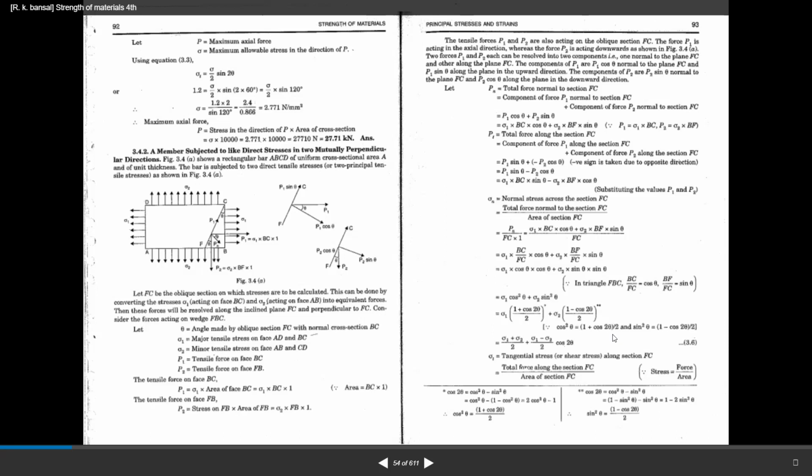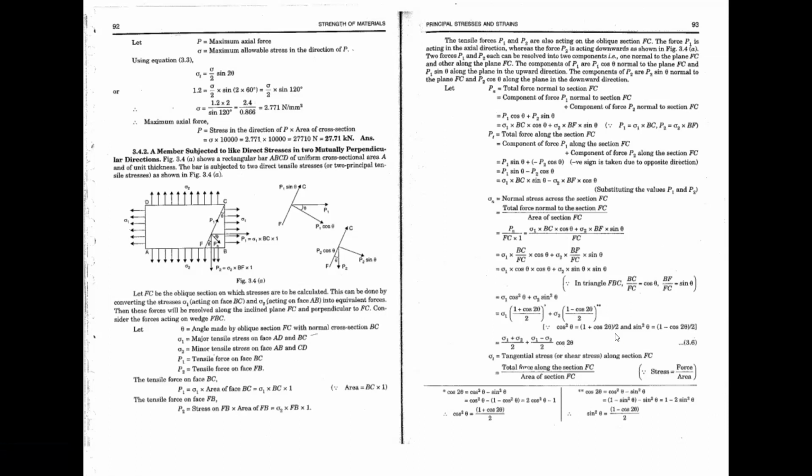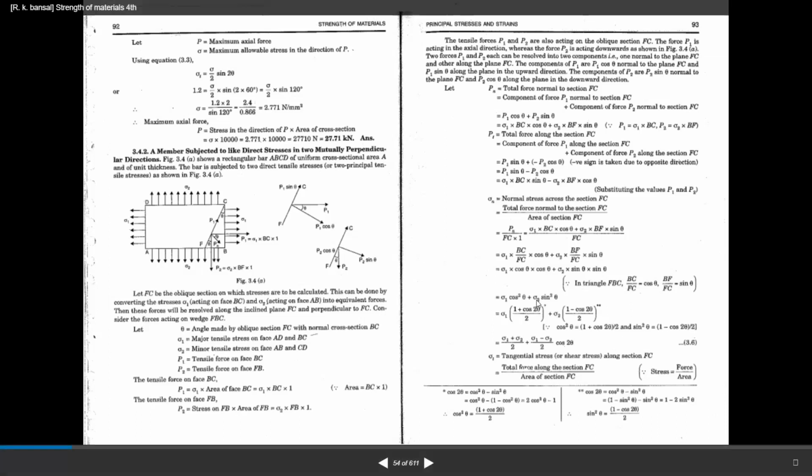See the derivation part. Cos square theta equals 1 plus cos 2 theta divided by 2 and sin square theta equals 1 minus cos 2 theta by 2. This is the formula for cos square and sin square.